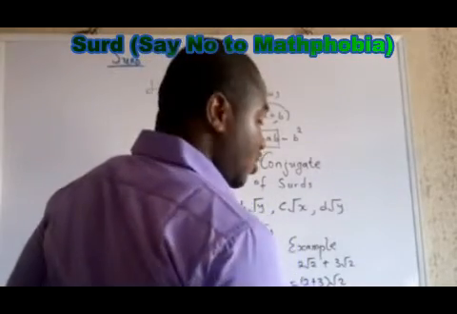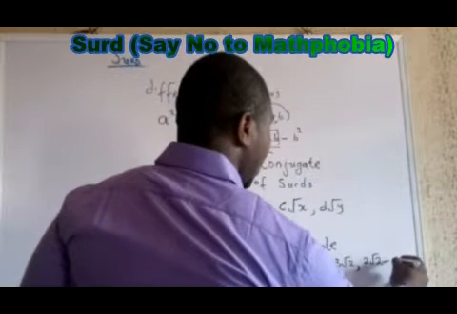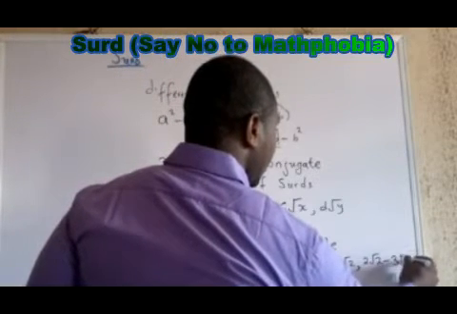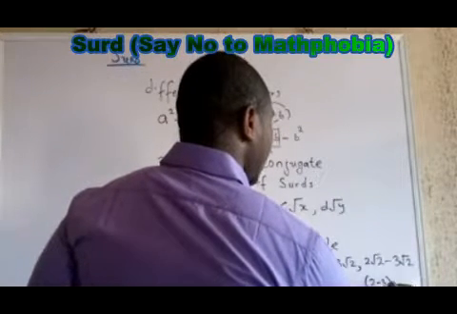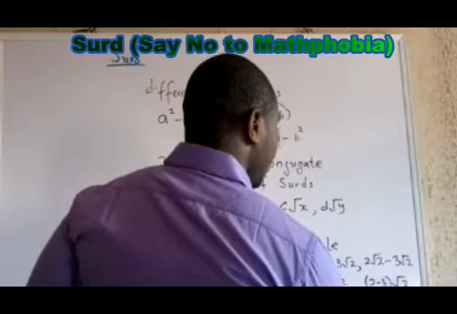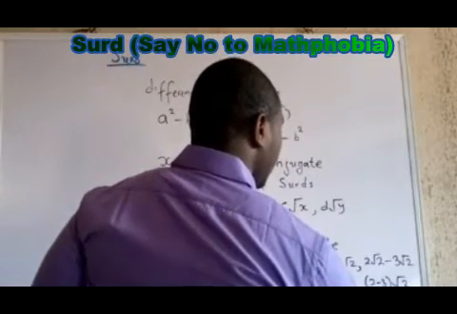And if it is subtraction, you just have 2 root 2 minus 3 root 2. Now I have 2 minus 3 root 2, which is minus 1 root 2, that is minus root 2.